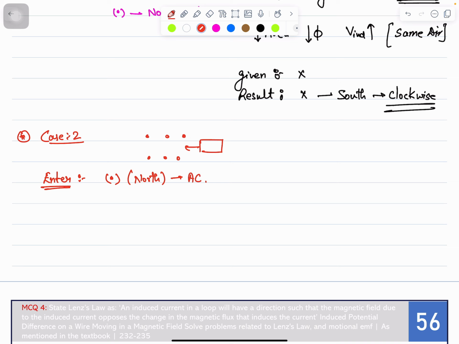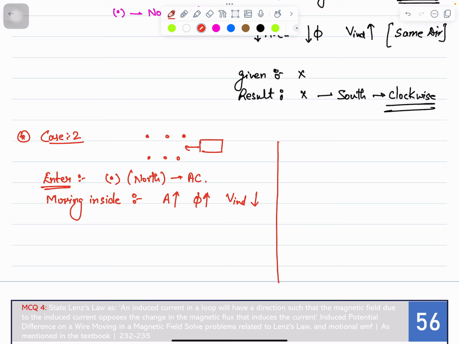Fine. Okay, now what will happen? It is increasing, moving inside. Okay, moving inside means area increase, flux increase, V induced decrease. Yes or no? Easy to understand.